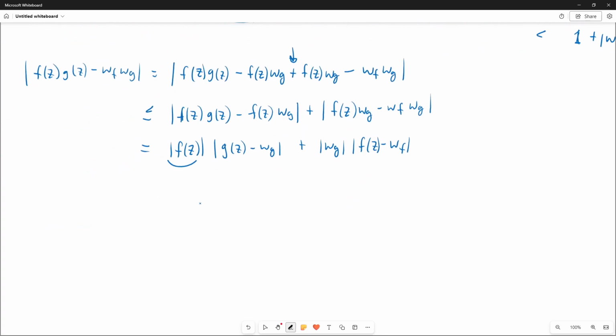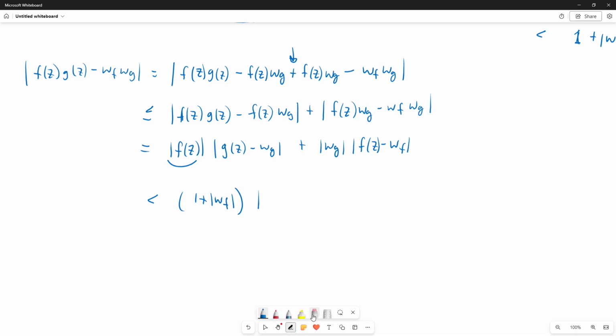And let's put that in here. So this is less than 1 plus the modulus of wf times this difference, which we can make less than epsilon prime. Let's put epsilon prime in there. Plus the modulus of wg times this one, which can also be made less than epsilon prime.